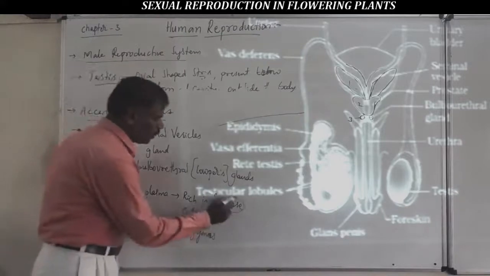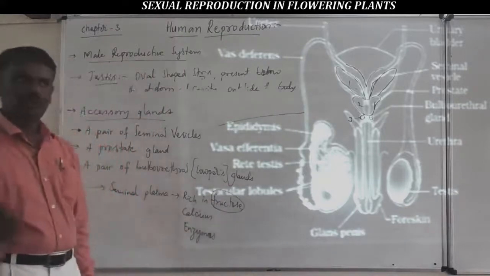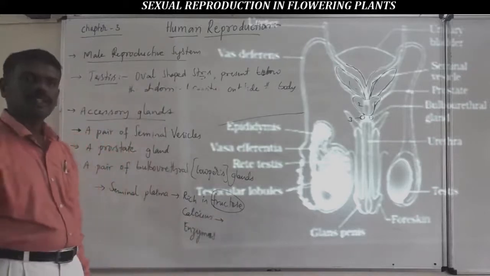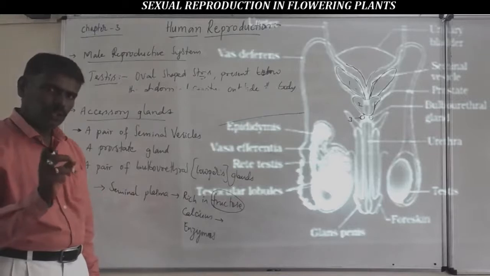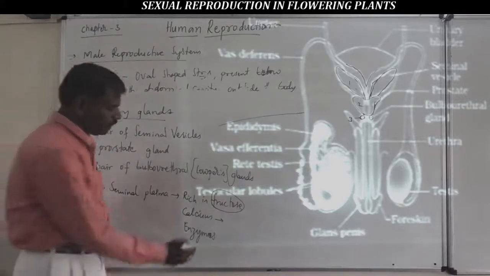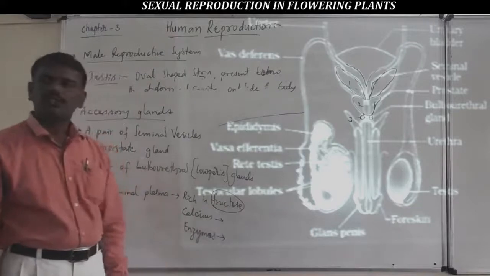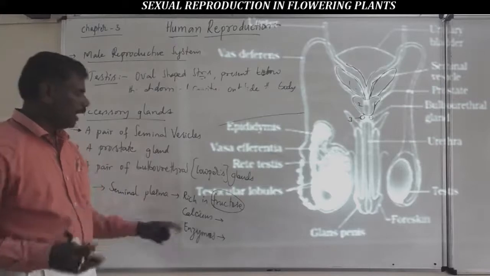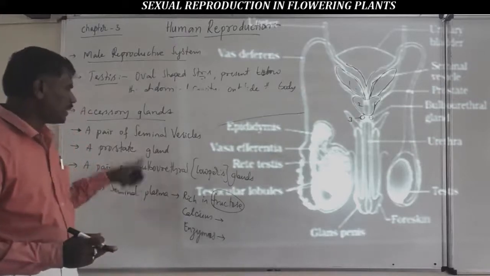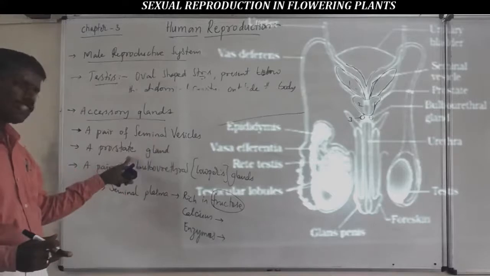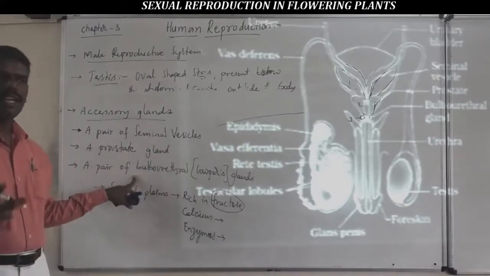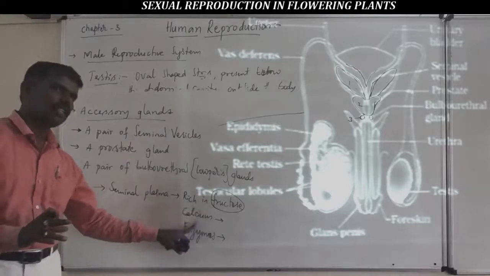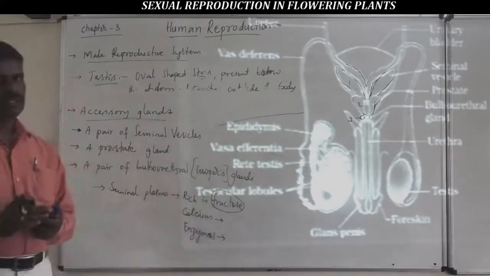The fructose is used as a food source, the calcium ions help the motility of sperm, and the enzymes are required for the metabolic activities of those sperms. So the seminal plasma secreted by the seminal vesicle, prostate gland and bulbourethral gland consists of fructose, calcium and enzymes.